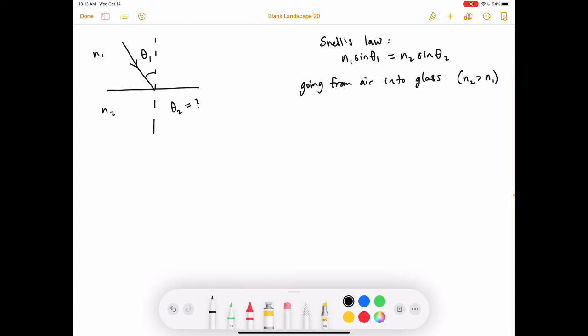Okay, well, if we look at Snell's law, and we have N2 greater than N1, that means theta 2 is going to have to be less than theta 1. Okay, so in this case, if theta 2 is less than theta 1, what's happening is the ray is bending towards the normal line.